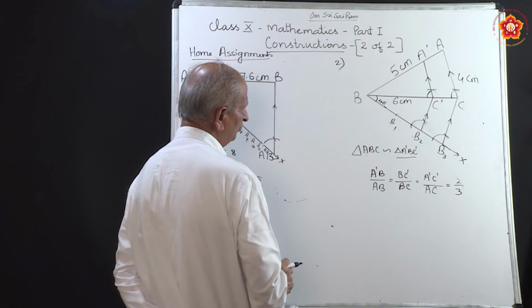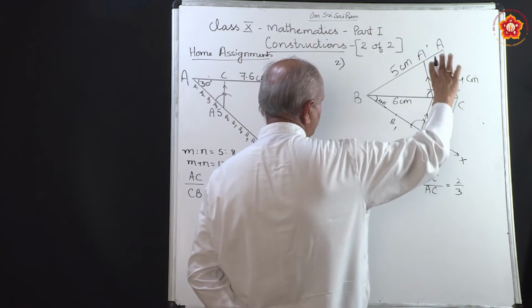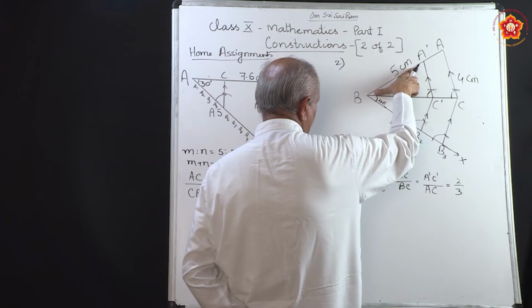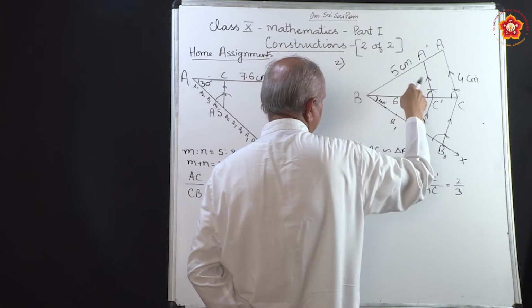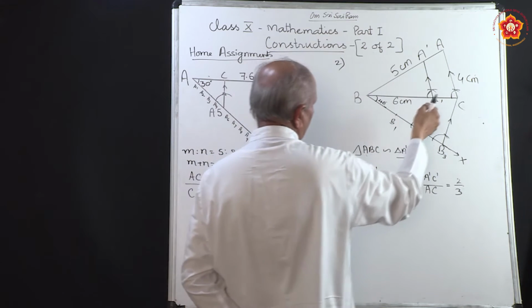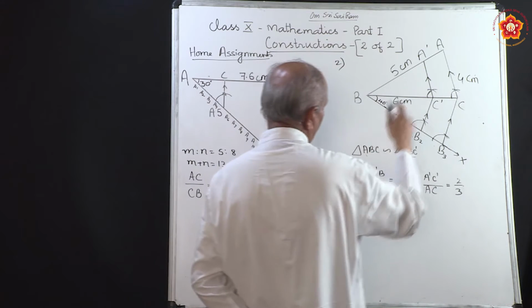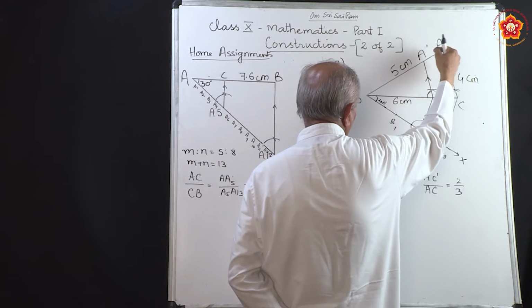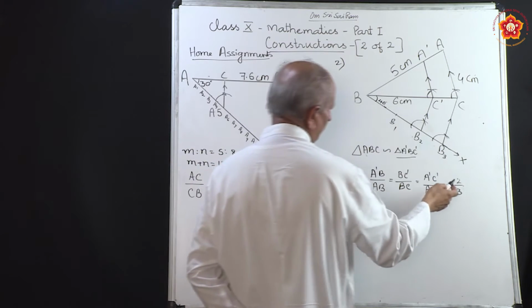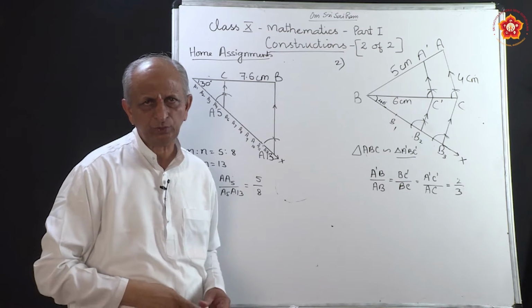If you take the sides now, you have A dash B by AB, full line, is equal to BC dash by BC is equal to A dash C dash by AC. The ratio is 2/3. Is it all right? That is the construction which you are expected to do.